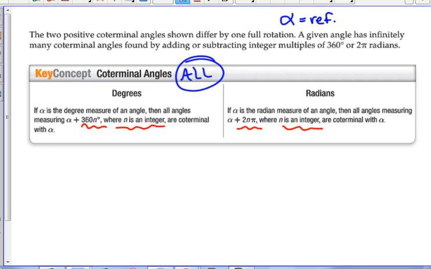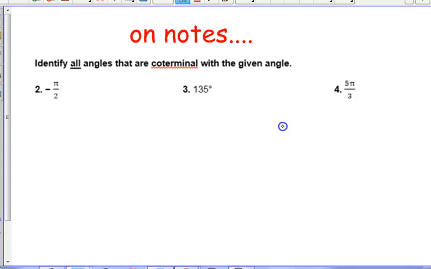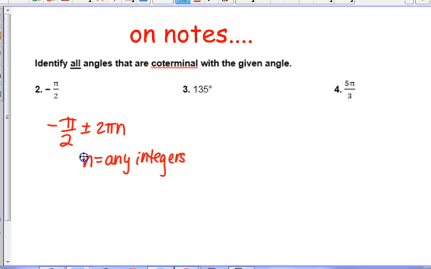So super duper fast, because we did these yesterday already. We're going to write negative pi over 2. All coterminal angles would be plus or minus 2 pi n, where n is any integer. Why do they not write plus or minus on theirs? They only write plus. Why do they do that?